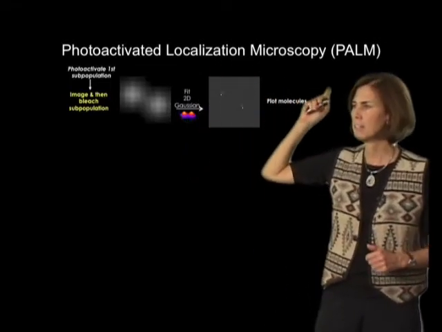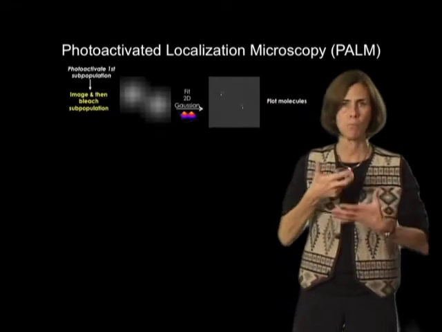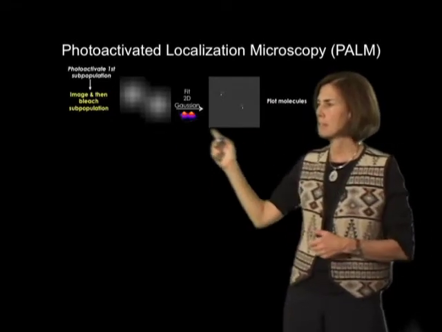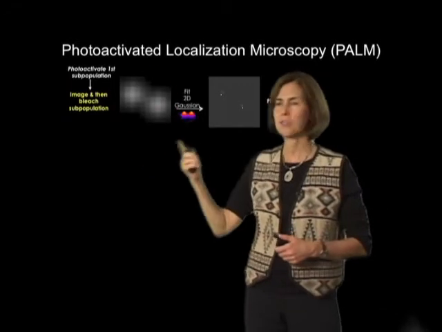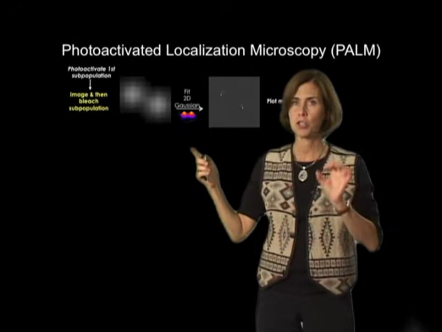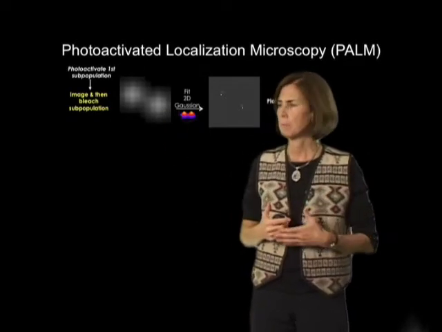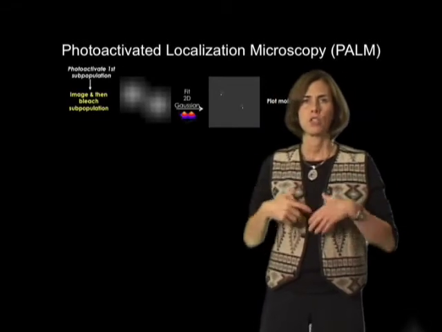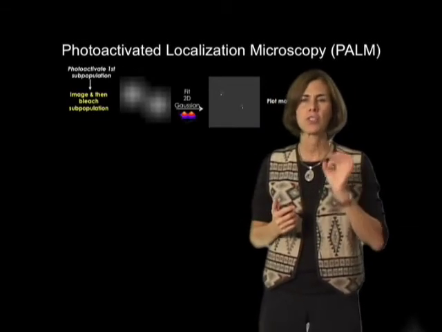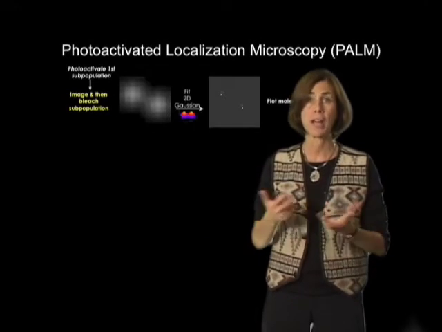Now, in this technique, which typically uses fixed cells that are not moving, a specimen that houses thousands of photoactivatable fluorescent protein, whose distribution you'd like to know, is switched on with very low light. The low light flips on a small subset of the overall population of molecules randomly.